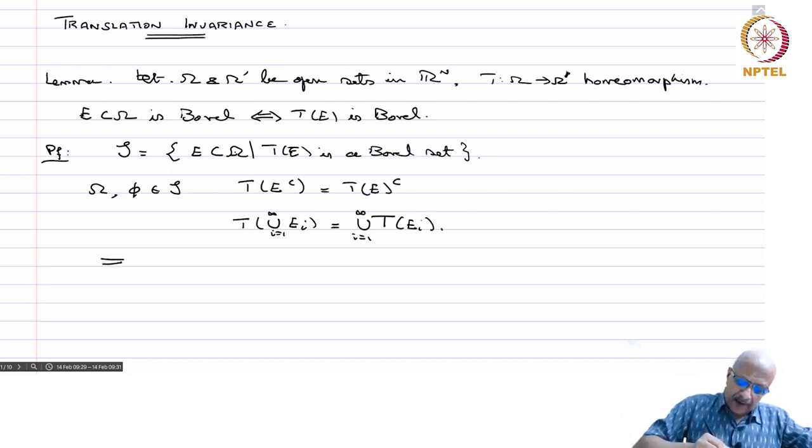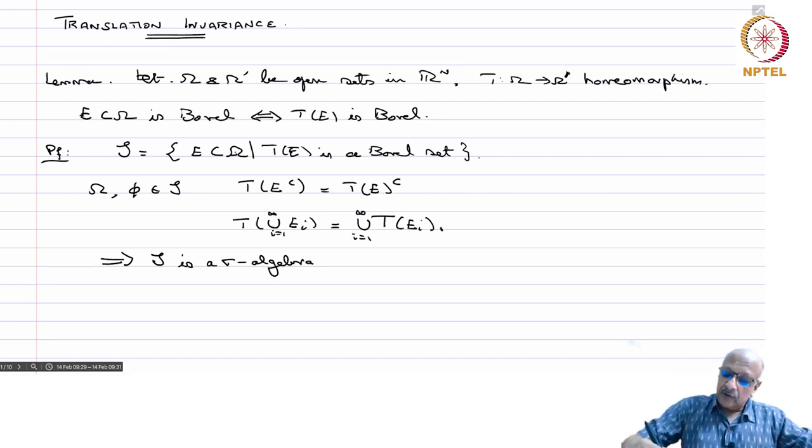From these two facts, it follows that S is a sigma algebra, because this shows that it is closed under countable unions, and this shows that it is closed under complementation.